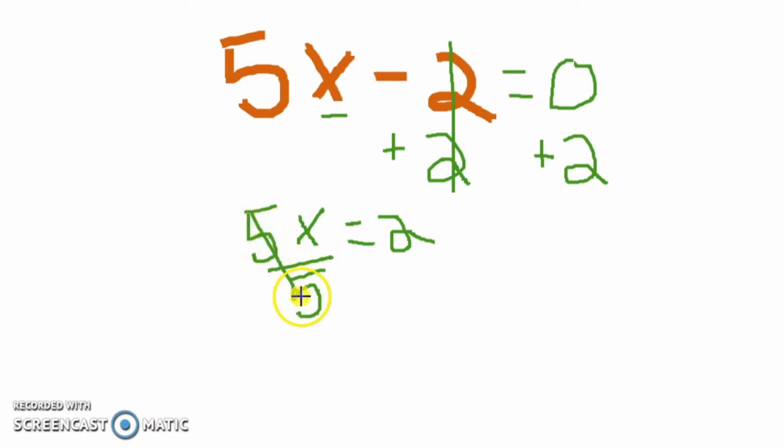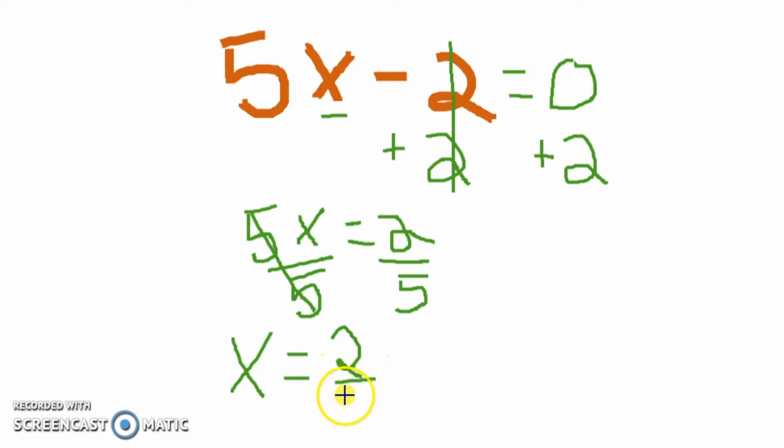So we're going to divide by 5 on this side, and then our 5s are going to cancel. And then we're going to divide by 5 on the other side as well, so that we keep everything equal. That's going to leave our x by itself, just like we wanted, and on the other side, we're going to have 2/5. So here, when we solve for x, we get 2/5.